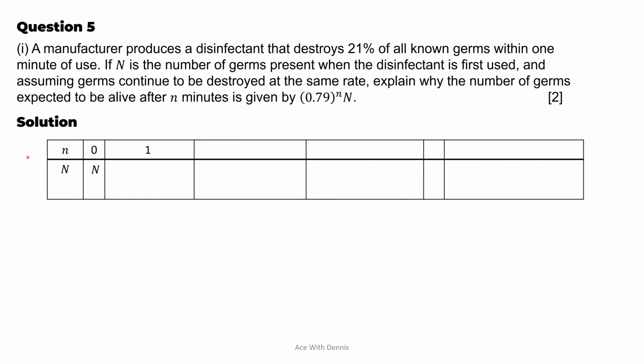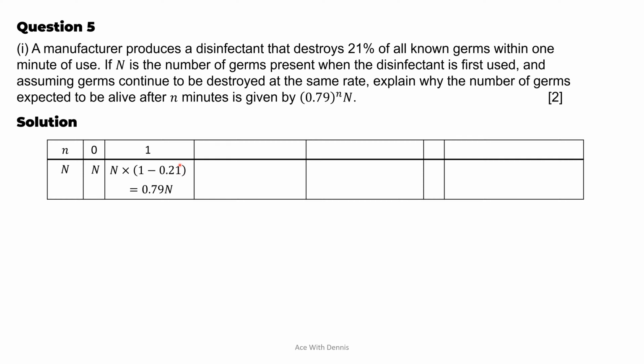When n is 1, that means after 1 minute of use, the number of germs present will start to reduce, which is N times (1 minus 0.21), as mentioned here, because 21% of the germs are destroyed.